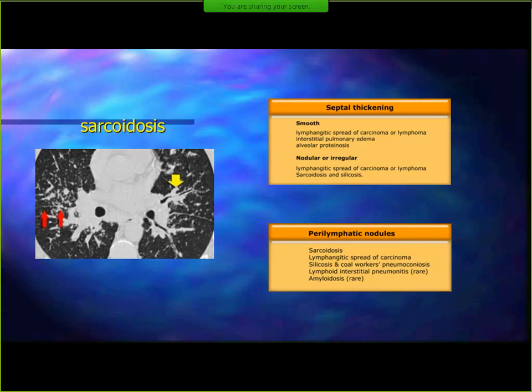See, this is a nodular septal thickening. It's not centrilobular, it's around the lymphatics, a perilymphatic nodule. Sarcoid, lymphangitic spread of cancer, silicosis, lymphocytic interstitial pneumonia, and amyloidosis give you that pattern.